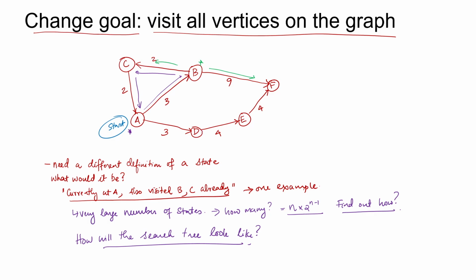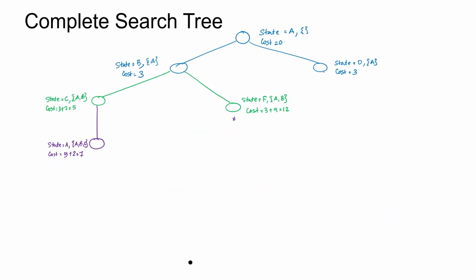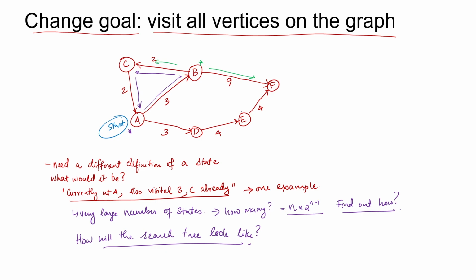In D, there is only one option in front of you, you can go to E. Okay. So, D to E, which is the cost of 4. So, D we say state equal to E, comma, you have already visited A and D, and cost is equal to 3 plus 4, that is 7. Okay. So, that is one aspect. Now, when you look at E, from E you can go to F, okay, and the cost is also 4.